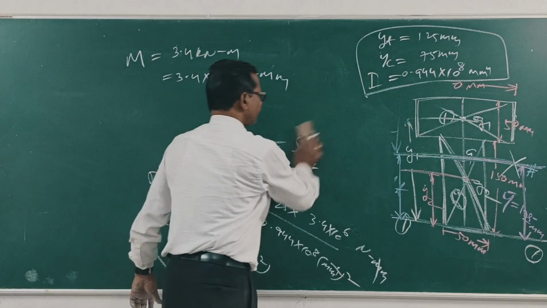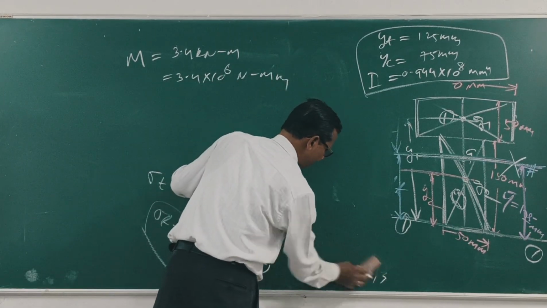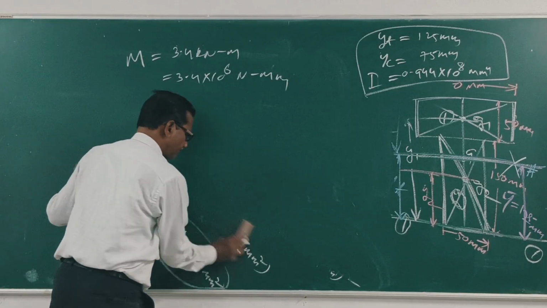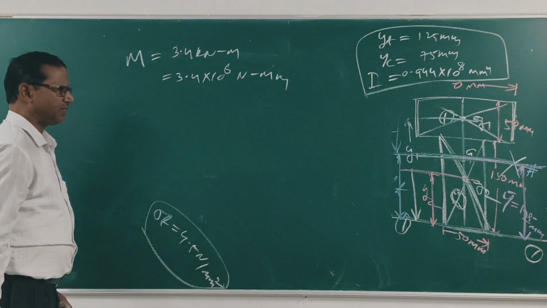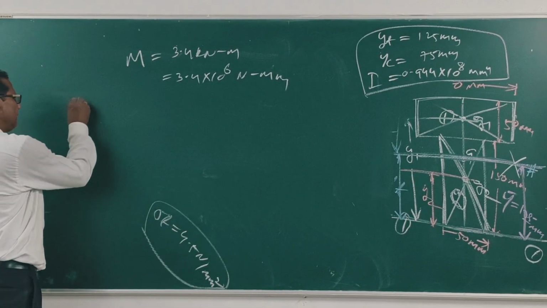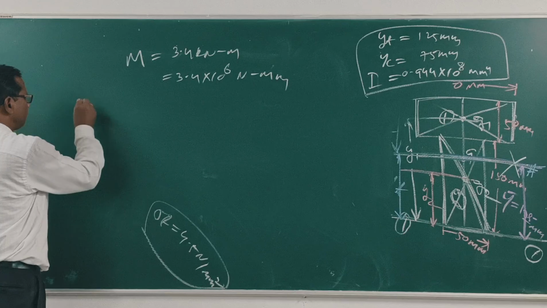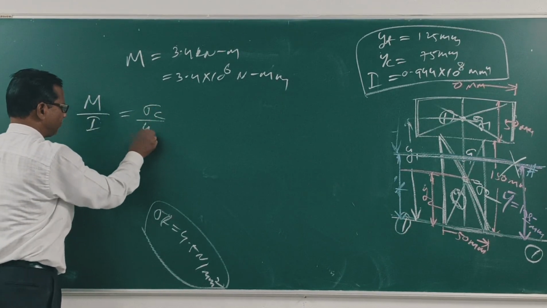Now, sigma C. Sigma C, the stress on the compression side. Similarly, M by I is equal to sigma C by yc.